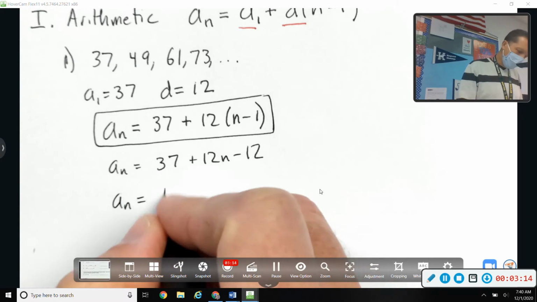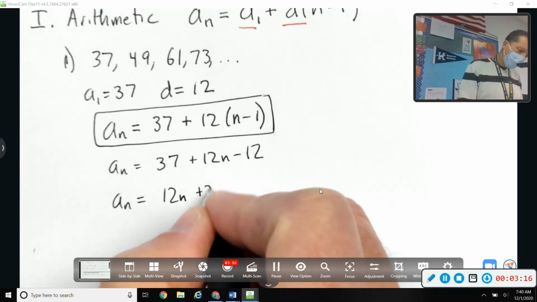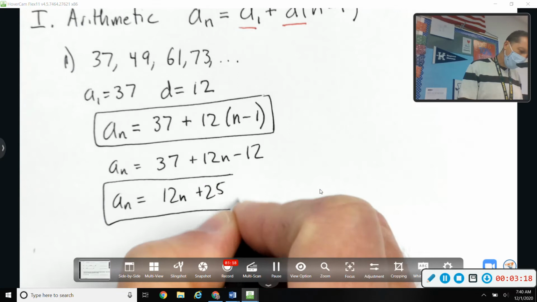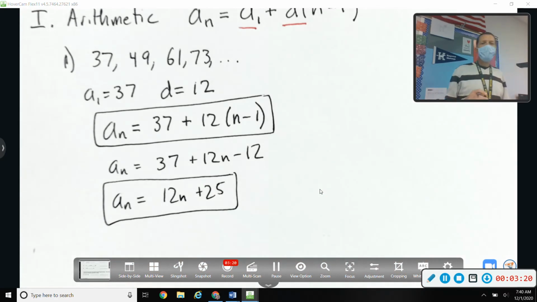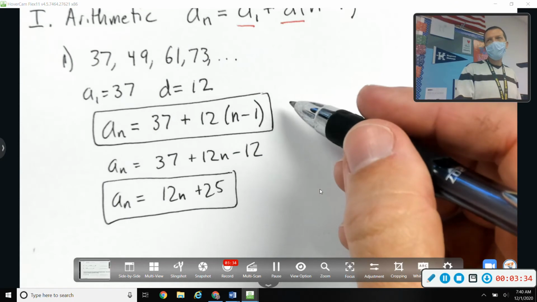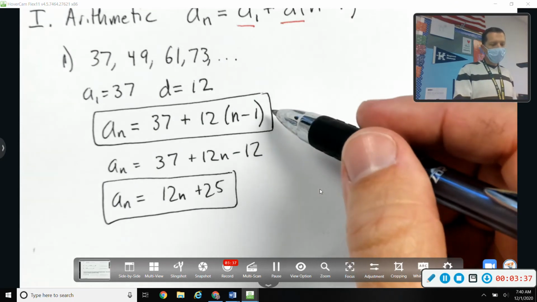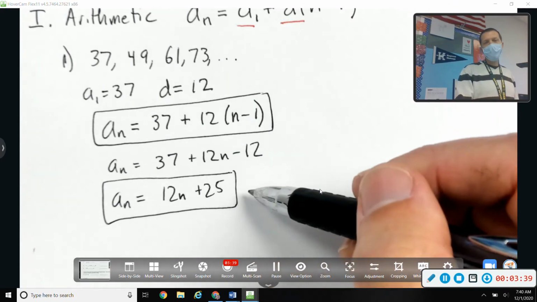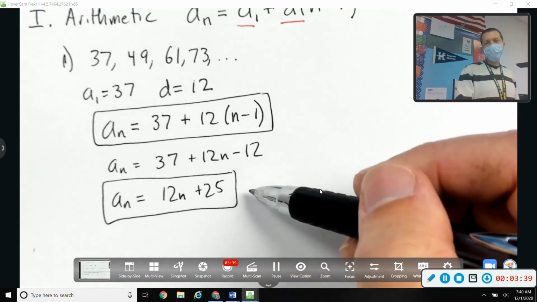So that would be 12n plus 25. Either answer is okay, and it depends on the problem as to which one's better. So if it just plain asks for the equation, probably leave it at the first one and don't mess things up. Later, we're going to do more stuff with them, and it might be easier if it's in this format, but either one is okay.